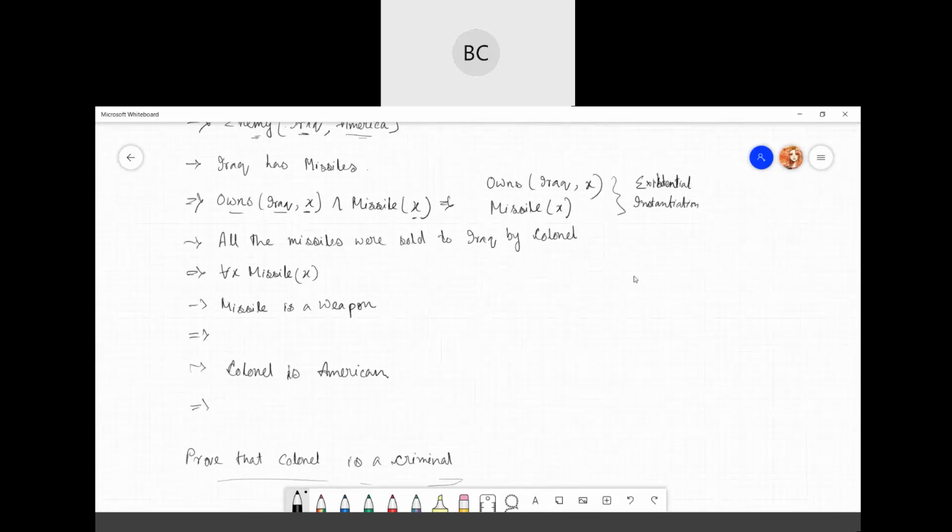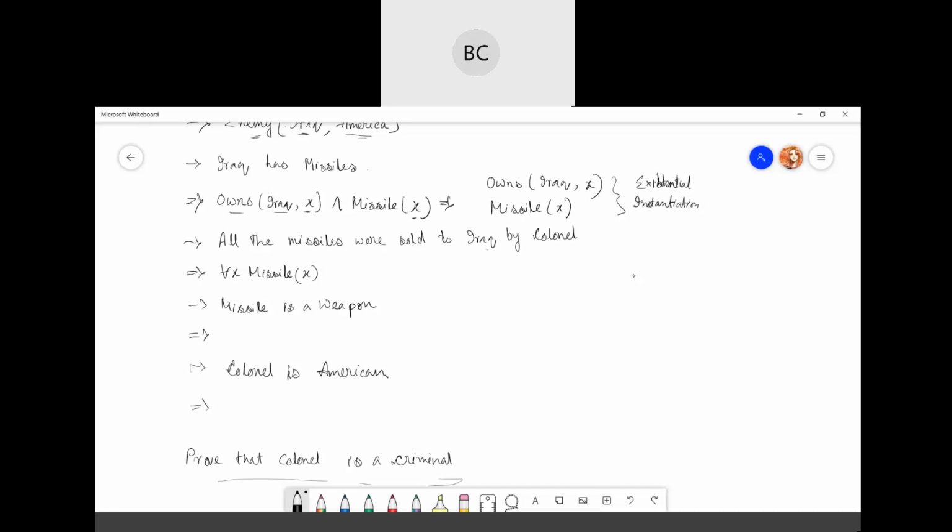So the next one was: all the missiles were sold to Iraq by Colonel. Okay, so this part was half done. Now what's happening here? We have all the missiles, and those missiles were owned by Iraq, which were sold by Colonel.